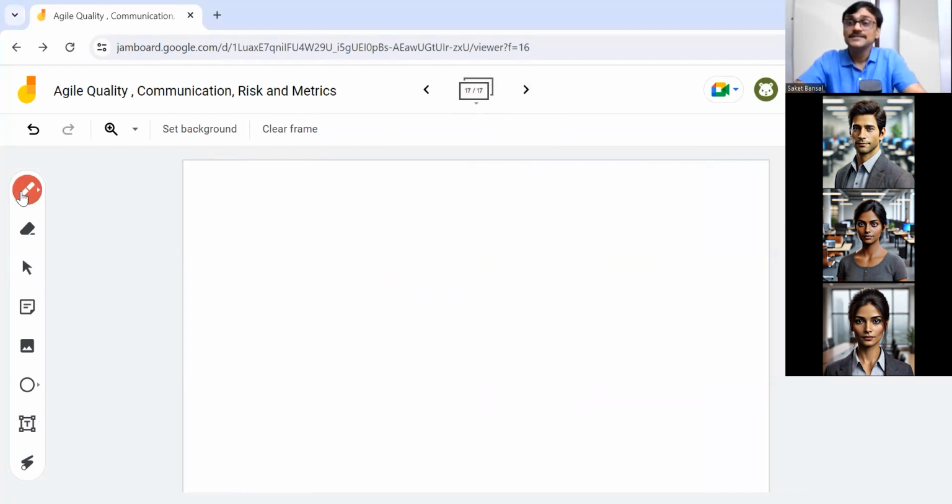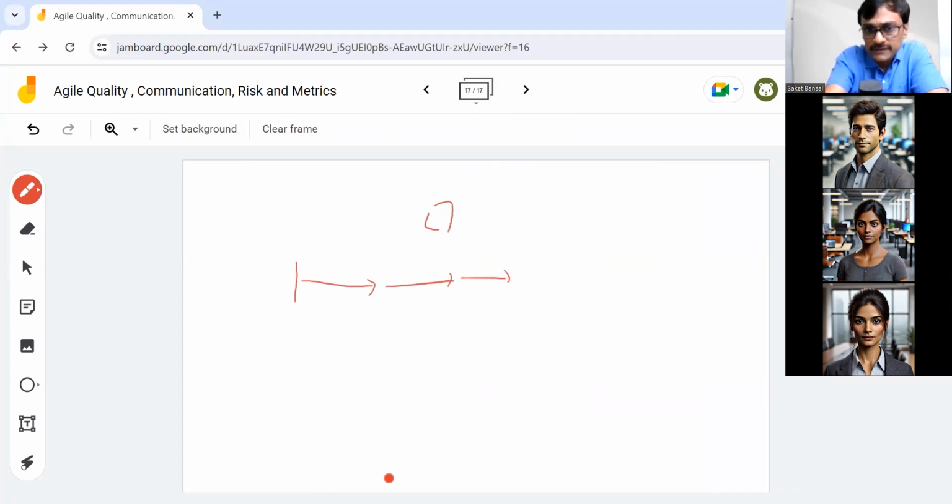Escape defect is relatively easy, and that is something we can figure out at any point in time. The escape defect is always focused on this: you did something and you released your deliverable to the customer. The customer started using it, and the customer is reporting a defect.